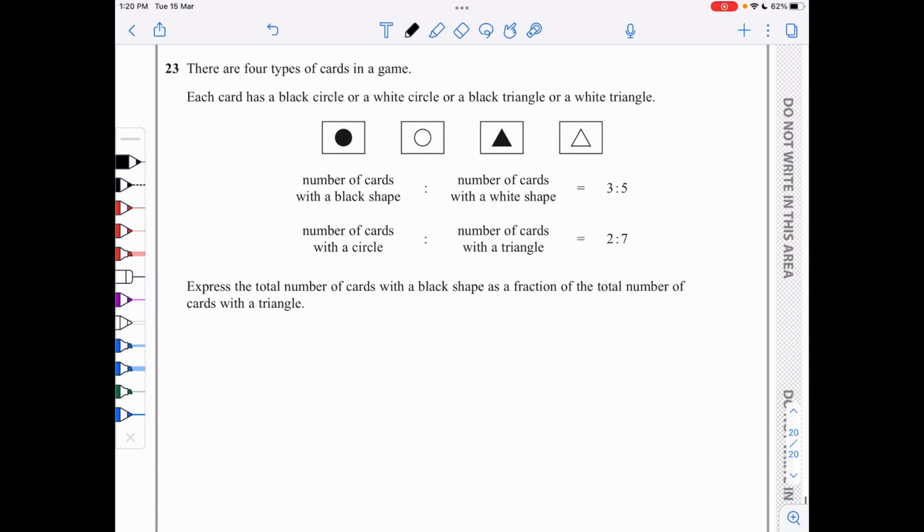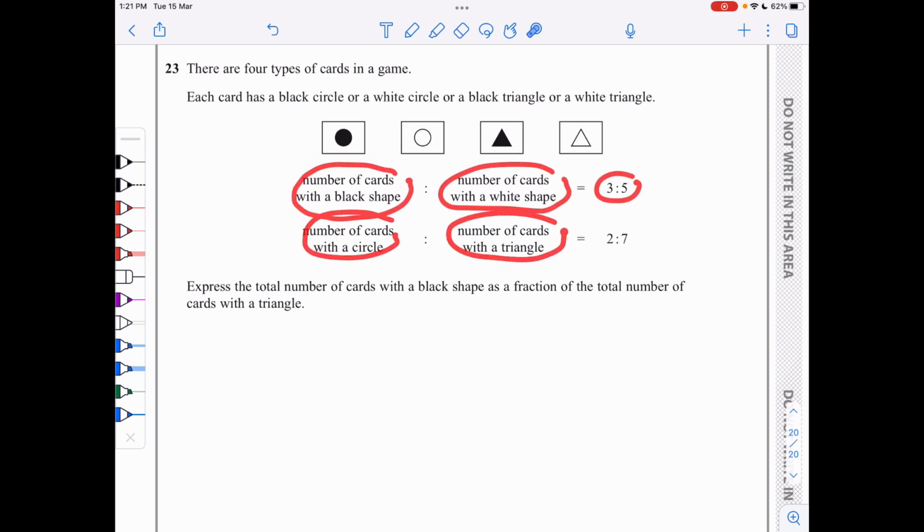In 23, we've got 4 types of cards in a game, it says. So the number of cards with a black shape to the number of cards with a white shape is 3 to 5. And the number of cards with a circle to the number of cards with a triangle is 2 to 7.